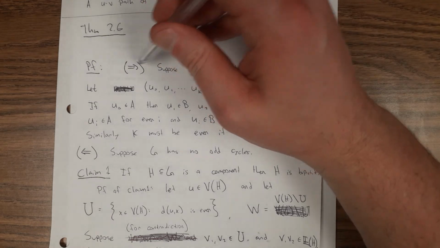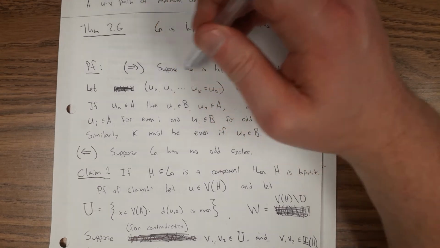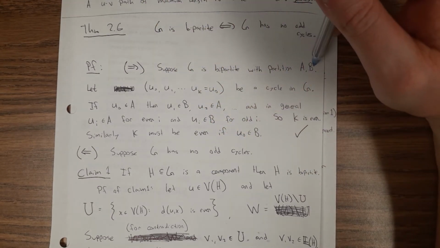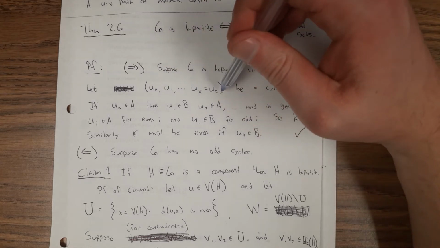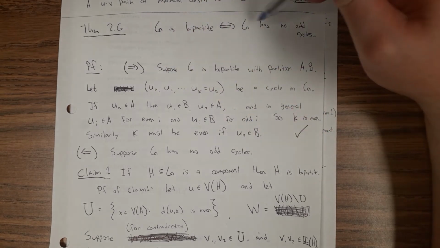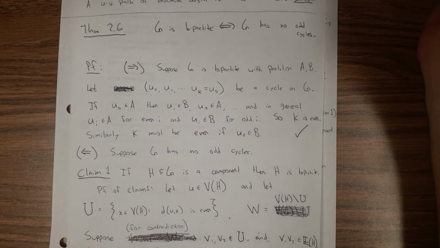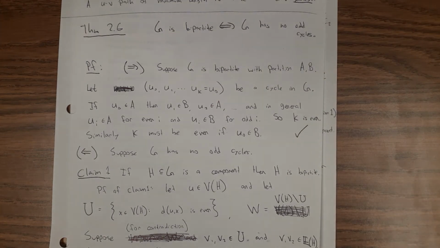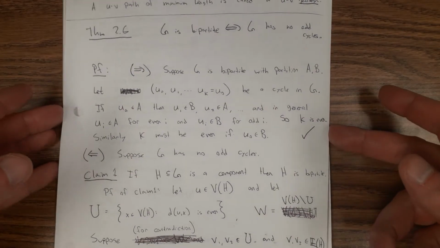So that's it for the forward direction. We assumed that G was bipartite, and we considered any cycle, and we showed that that cycle must have even length. In other words, G has no odd cycles. Okay, so I'm happy with that.